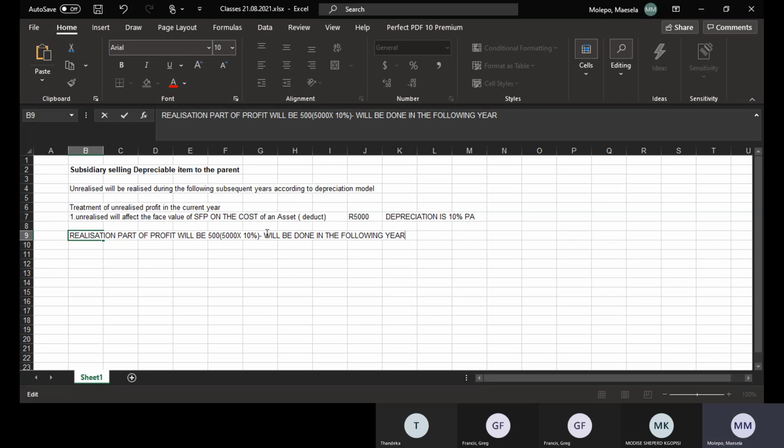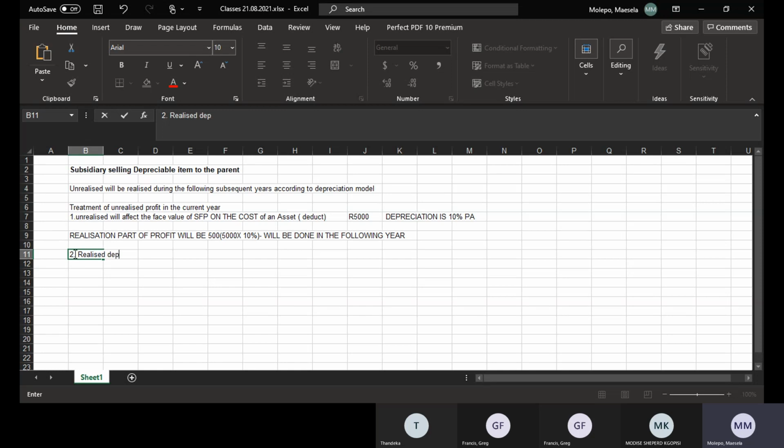And on the following year, when you do that, it's gonna be deducted from the accumulated depreciation. So two will be the realized depreciation on profit, let me put it that way.